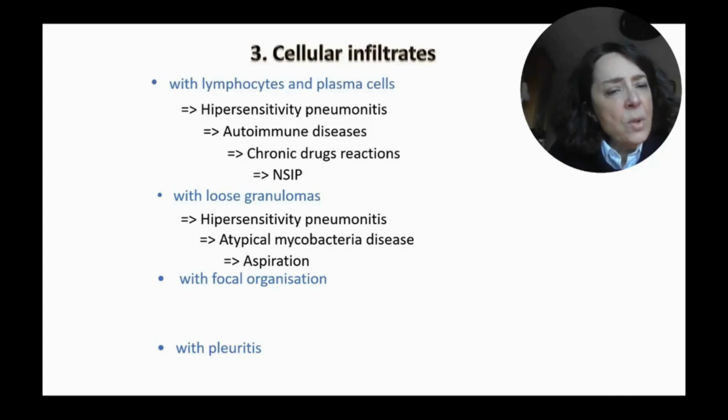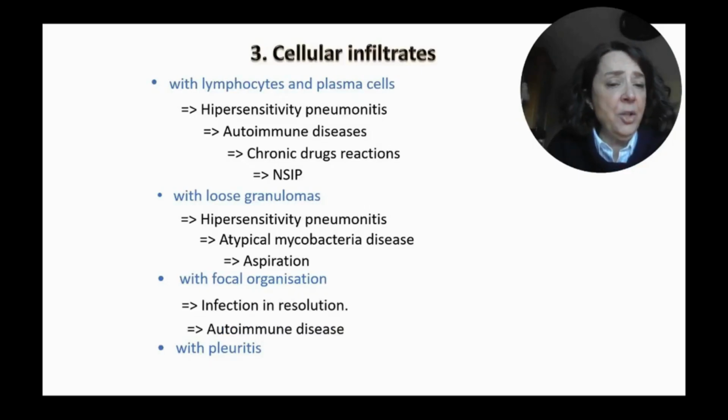But you also have to think of atypical mycobacterial disease when you have granulomas, or aspiration if the granulomas are peribronchial. If you have focal areas of organizing pneumonia, you have to think of an infection in resolution, autoimmune disease, but HP as well.